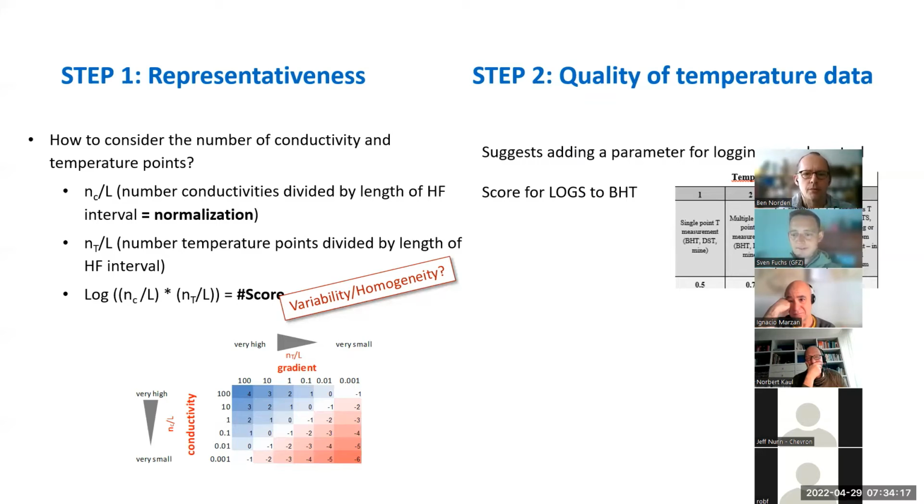So if we have a temperature gradient based on only one single measurement, it should have a lower ranking value overall. So maybe this is something we have to keep in mind in this table if we talk about a single point temperature measurement. So how good is the temperature data to characterize a heat flow interval?